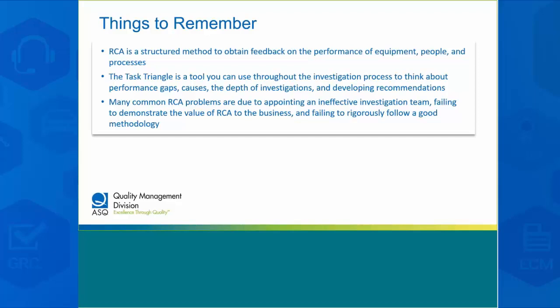Those management systems, what do we want to do with them? We want to optimize those management systems to set our people up for success. The task triangle is a great tool that you can use throughout the investigation process to think about performance gaps, causes, do I want to go deeper, and also about developing recommendations. And again, those 4 levels of recommendations are really important.